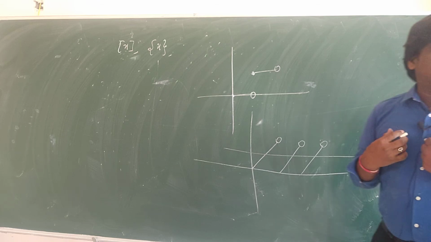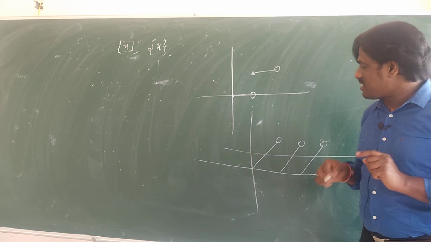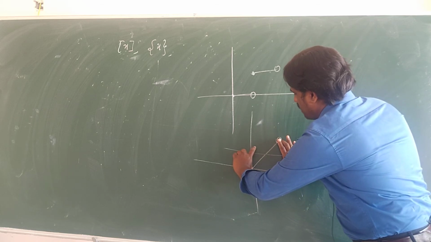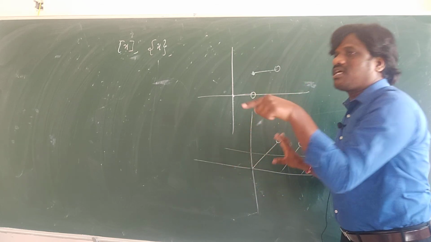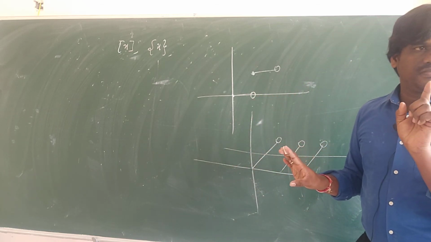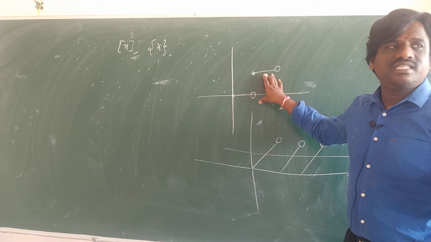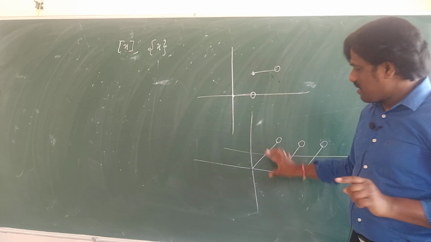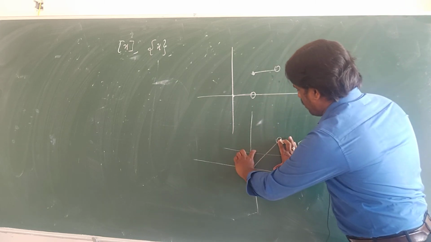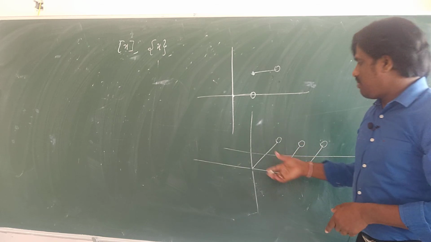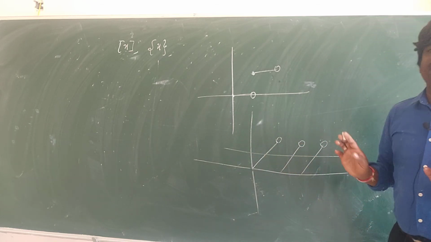But if I restrict the domain, only from here to here, then it can be 1-1. Greatest integer is never going to be 1-1. But if I restrict the fractional part to only this portion, then it is 1-1. If I do not restrict it, it is not a 1-1 function.